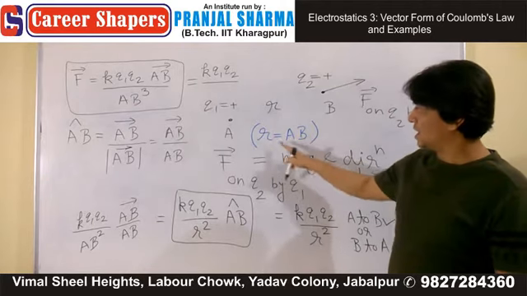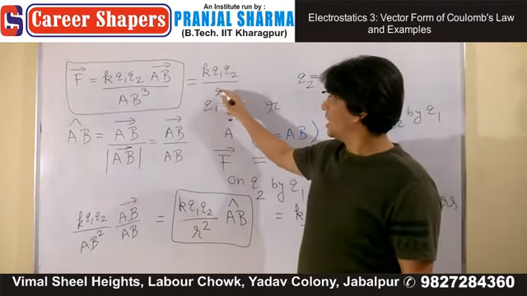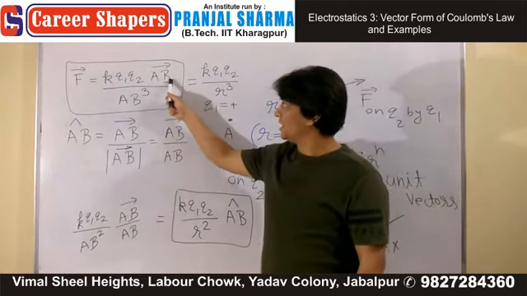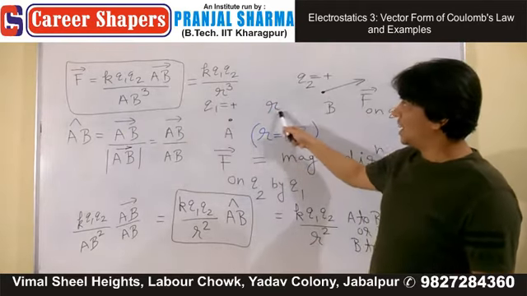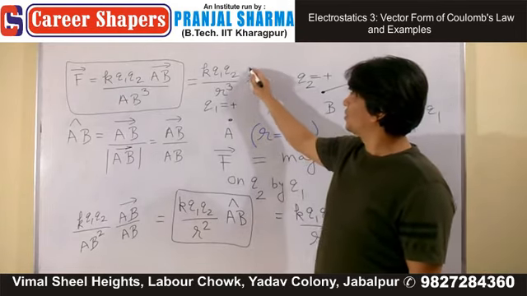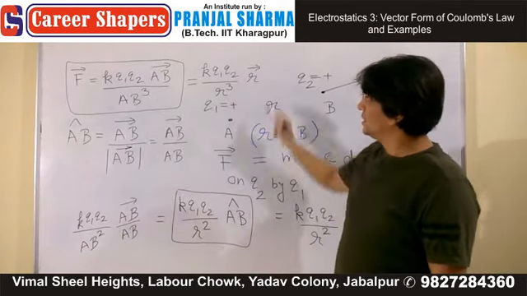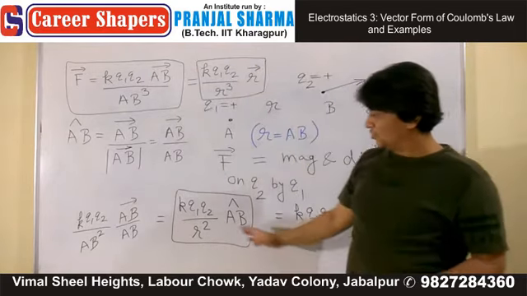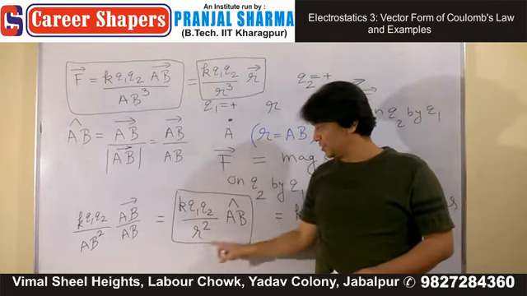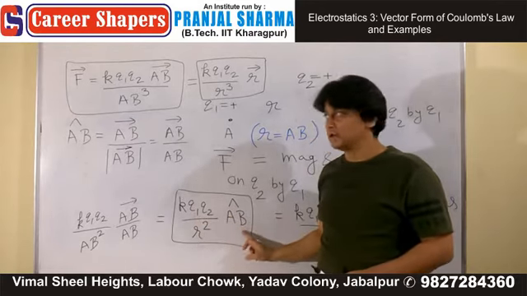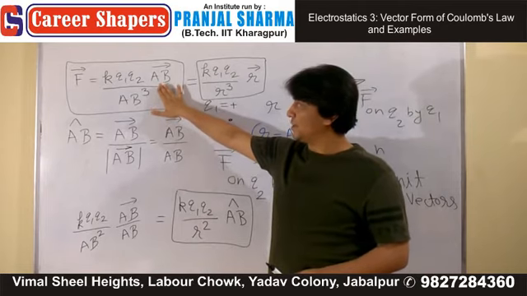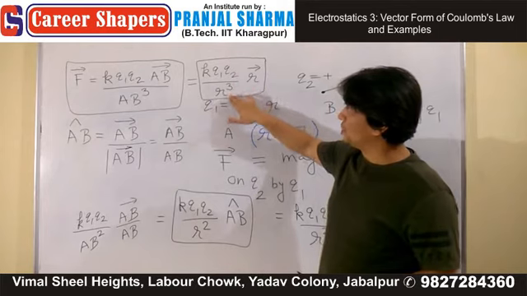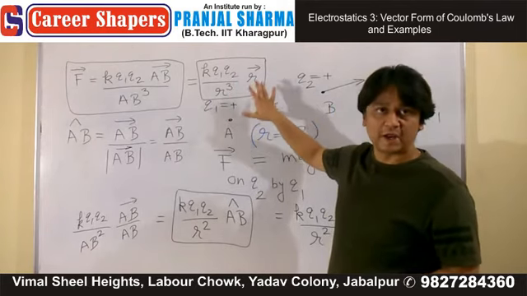R. R cube. What is AB? R vector. This is in terms of magnitude and unit vector. This is in terms of AB. This is in terms of R. K Q1 Q2 upon R cube, R vector.